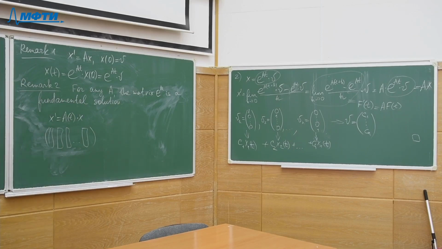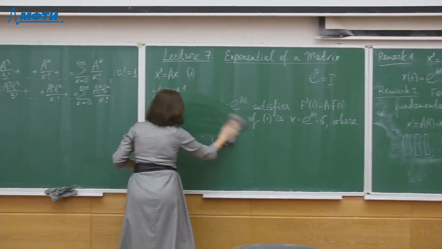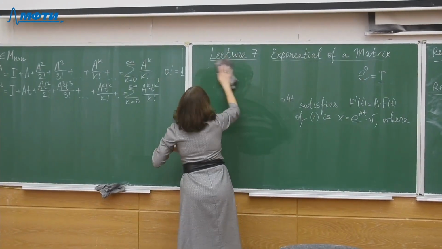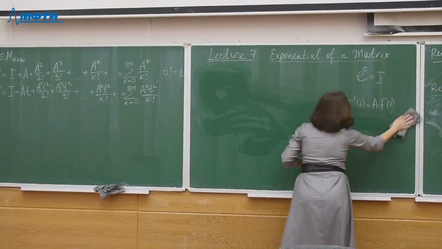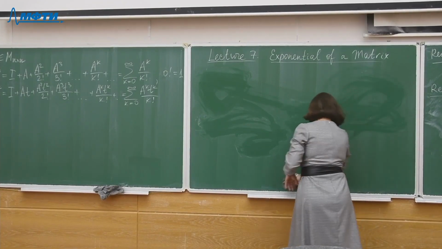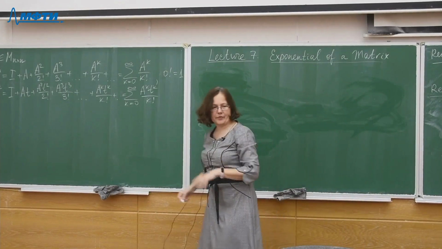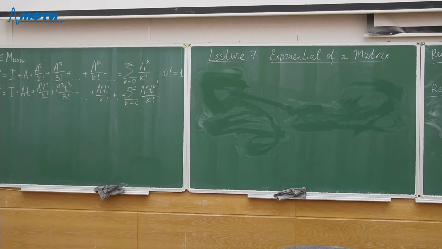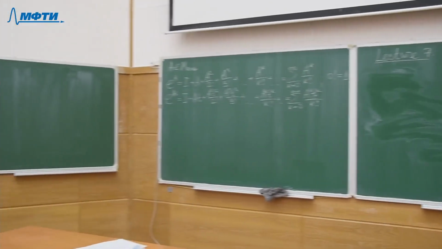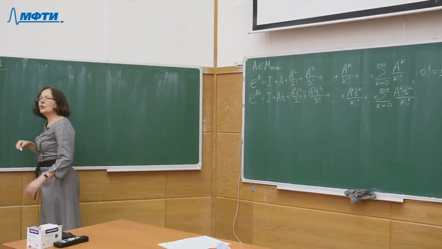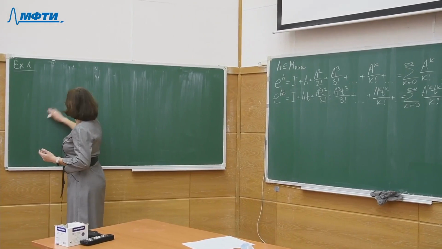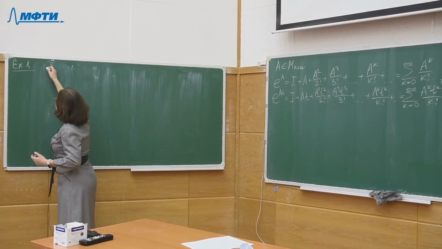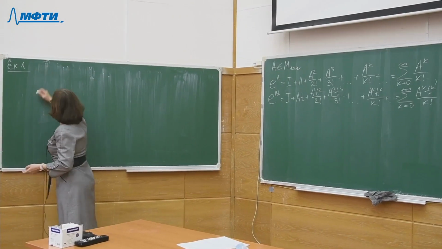Now let's consider an example. Examples of e to the power At. Oh, I think I will use that part of the blackboard. So example 1. We have already discussed this example last lecture, but I'd like to recall it.